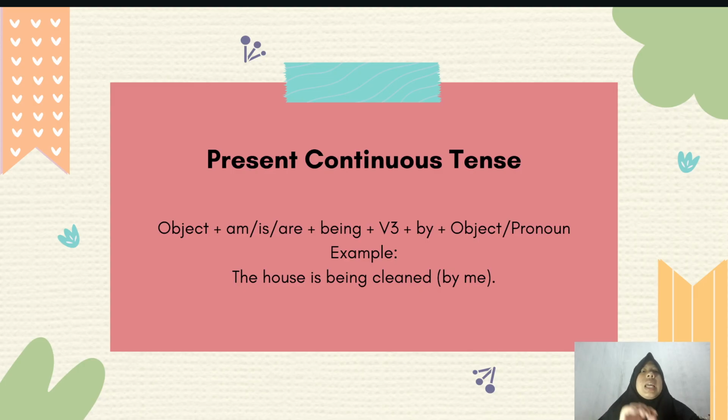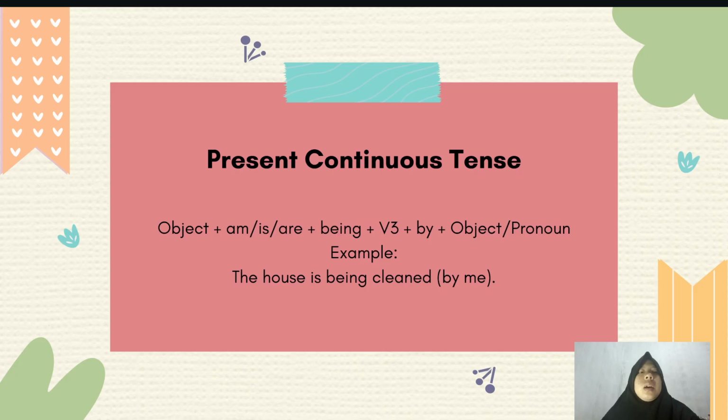Okay, in this case, is being cleaned shows that the action is ongoing and it is still happening as we speak. Using the passive voice, we emphasize the object, the house, that is currently undergoing the cleaning process rather than the person cleaning it.